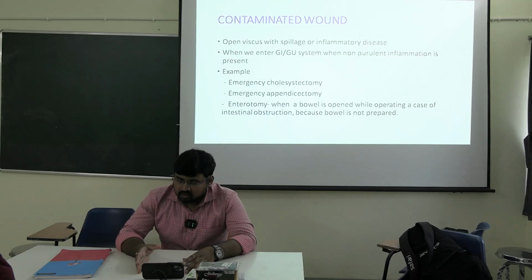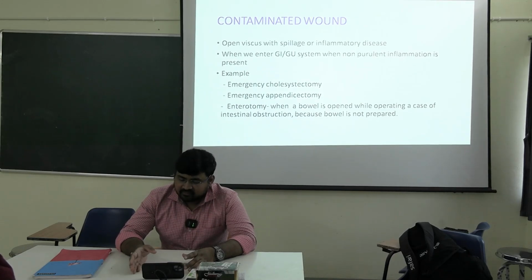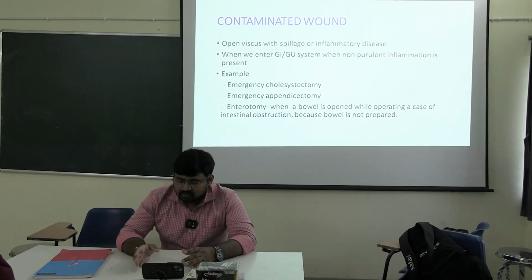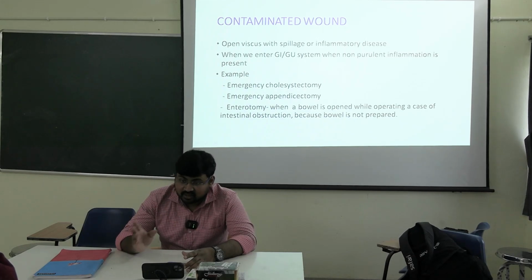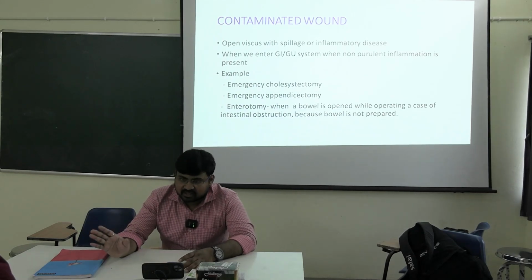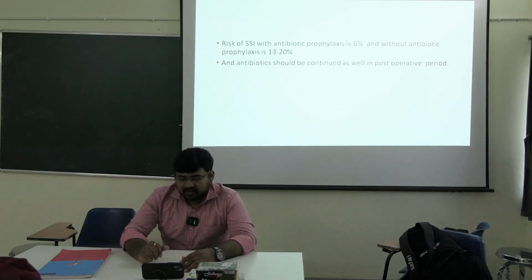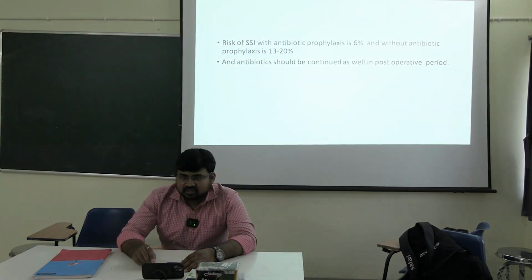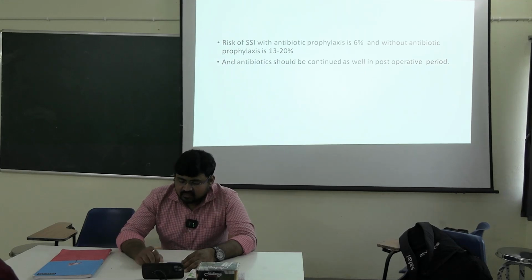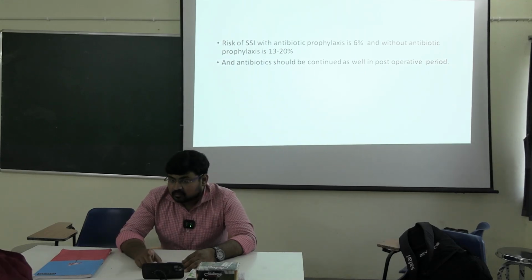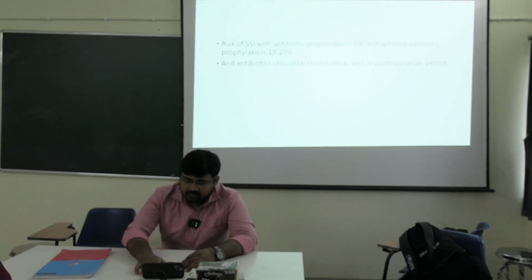We are opening the bowel and operating in a case of intestinal obstruction, because the bowel is not prepared, that becomes contaminated. So the risk of surgical site infection with antibiotic prophylaxis is 6%, and without antibiotic prophylaxis is 13 to 20%. And antibiotics should be continued in the post-operative period.